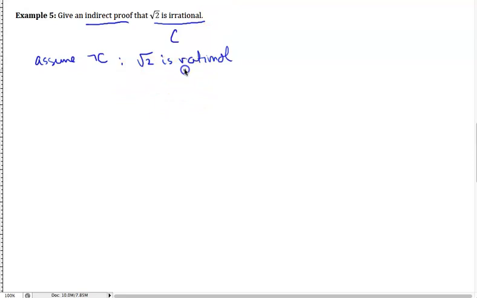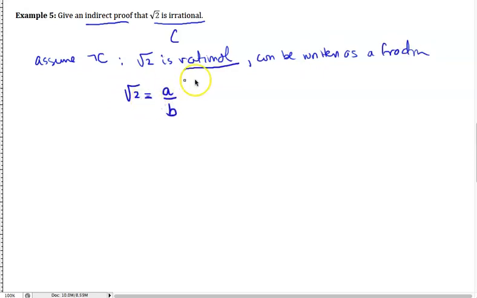So we're going to use the definition of a rational, that a rational number can be written as a fraction. We're going to write square root of 2 as a fraction, a over b. Now we're going to assume a couple of things here. Again, it's not really an assumption, it's properties of rational numbers.